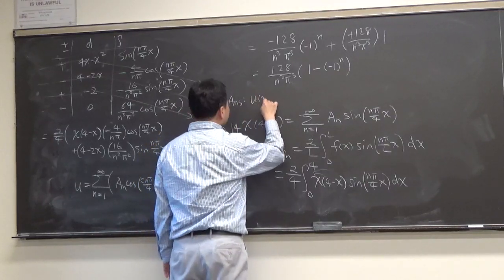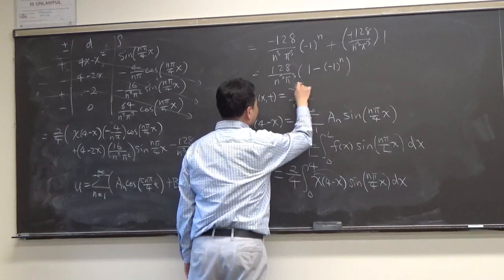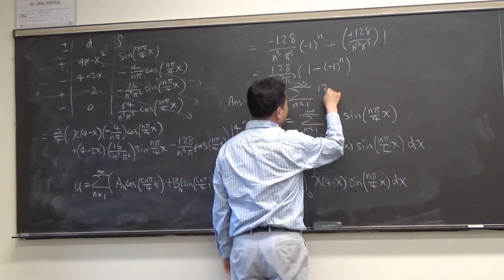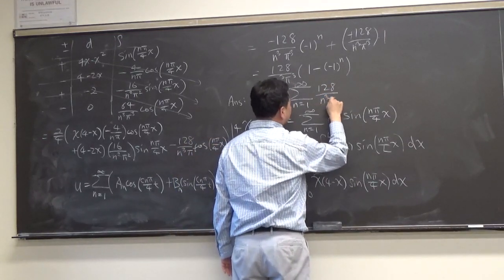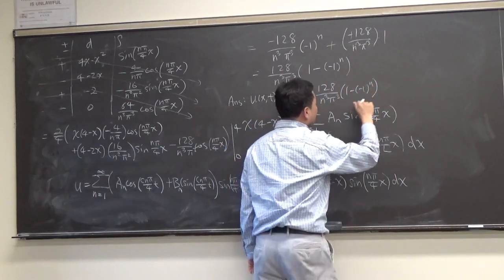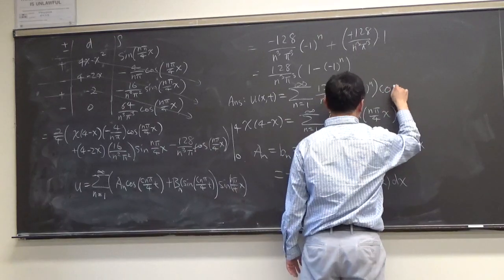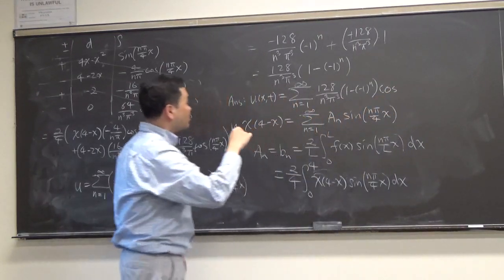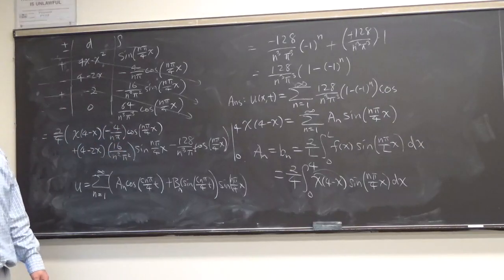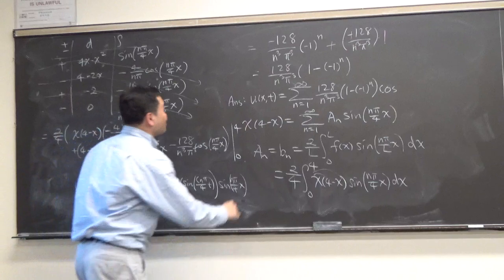So the answer, your u of x,t is going to be the summation from n equals 1 to infinity of this thing, 128 over n cubed pi cubed, 1 minus negative 1 to the nth power, of cosine. Did I mess up something? Should there be a 1 over 2 at the front? Oh, forgot that. 1 over 2.